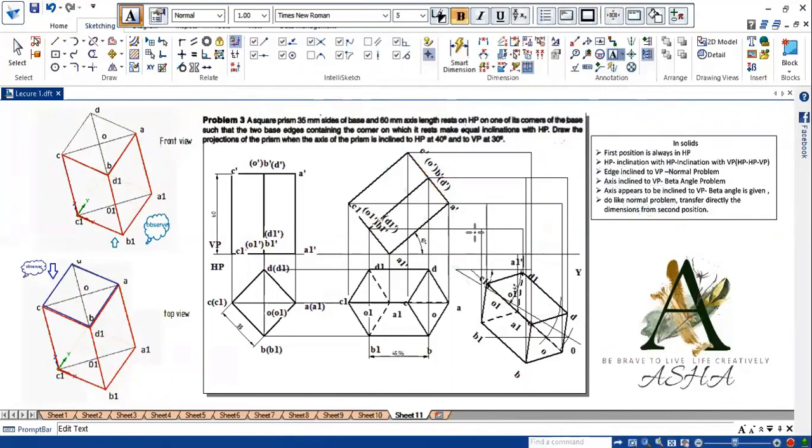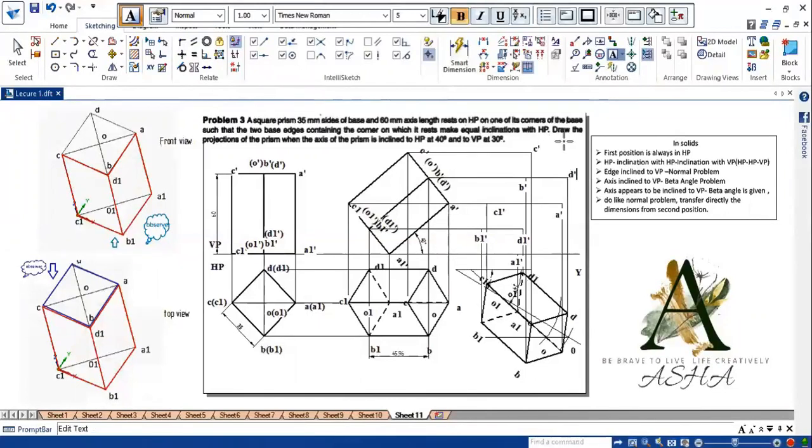B1, so this is B1 dash. C1 is here, so this is C1 dash. D1, the point D1, so this is D1 dash. Similarly, A, C dash, B. So this is my point B dash. C, this is C dash, and this is D dash.